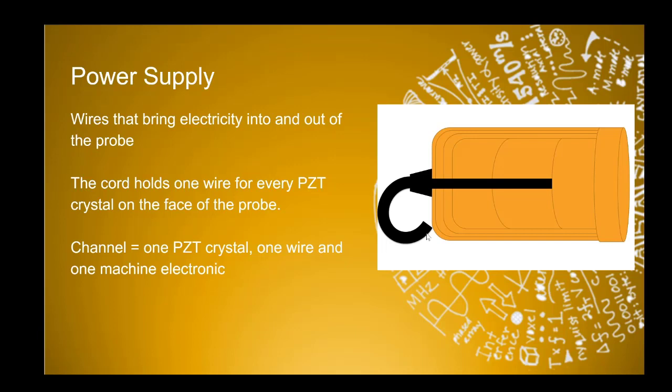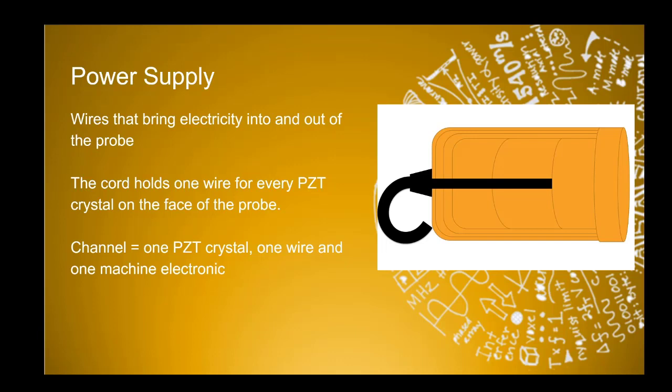That being said though, on our current transducers, we have 256 crystals on the face of our transducer. That means that there are 256 wires running through that cord that go back to 256 electrical components in the machine. Each crystal has its own itty bitty tiny wire.